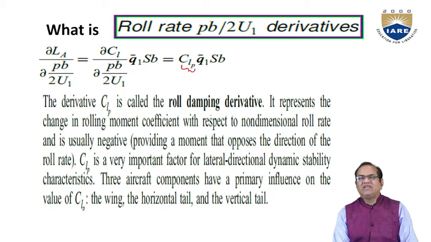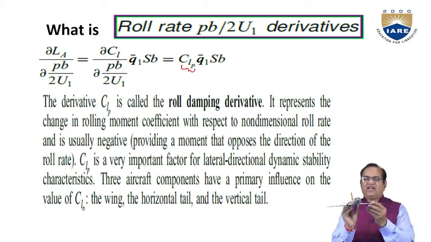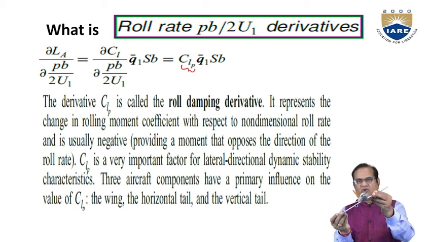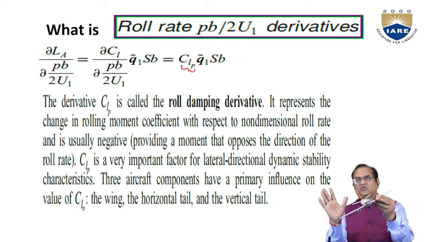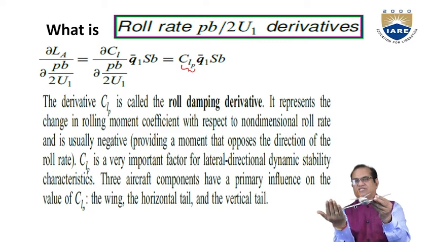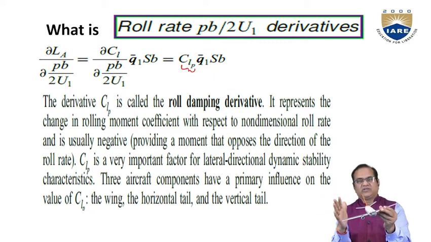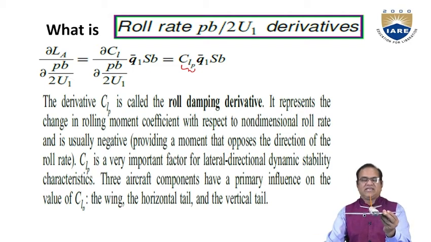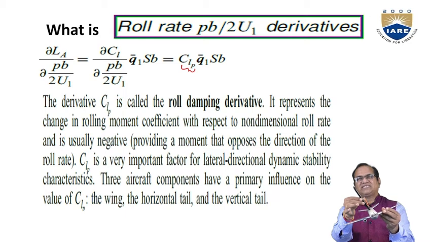So roll damping, what is the meaning of roll damping? Just see here, the aircraft is flying like this. You have given a roll like this. So one force will act to oppose this. And it is happening due to two things. If you roll like this, initially the lift vector is like this while flying. As you roll, the lift vector is tilted.